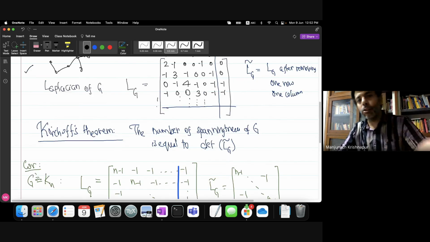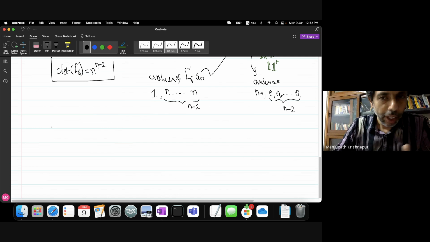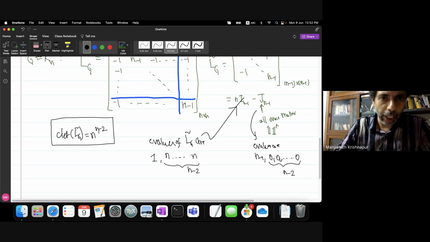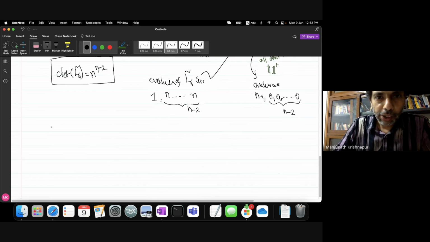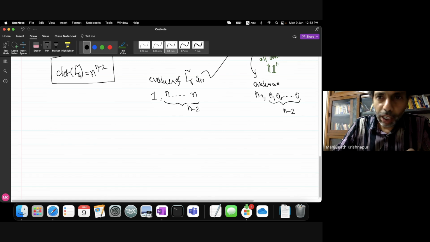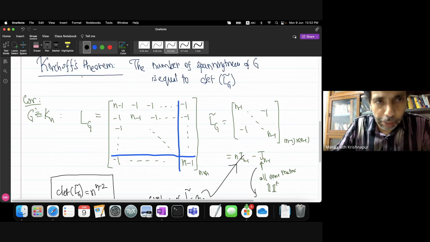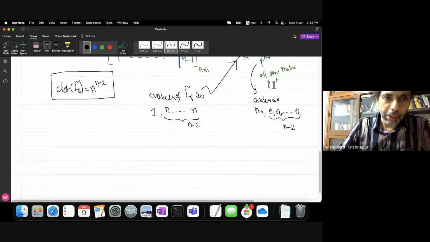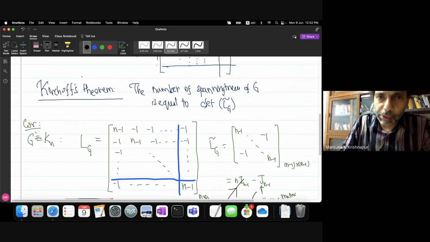So this Kirchhoff's theorem is a much more general theorem which gives you Cayley's theorem. It's extraordinarily powerful, actually. It can be used for many things. I don't have time. I'm already at 12:52, so I have 10 minutes, so I will not go through it. But using this, one can find many things. You can also apply it to other graphs.